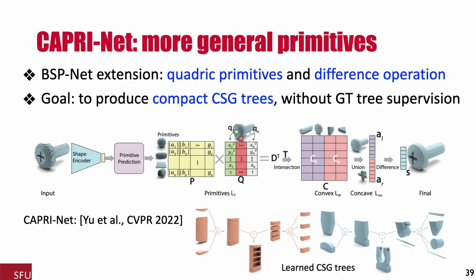Because as you can see, you first have intersection, then you have a union. This sounds like CSG, which is constructive solid geometry. And what's missing for a lot of CAD parts is the difference operation. If you think of machine parts, sometimes the difference operation is very critical to get fewer operations. So that's all we did: extending planes to quadrics and adding a difference operation.